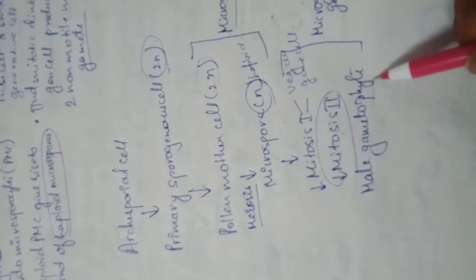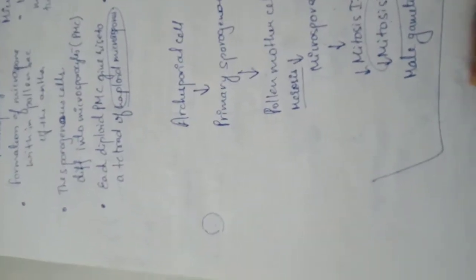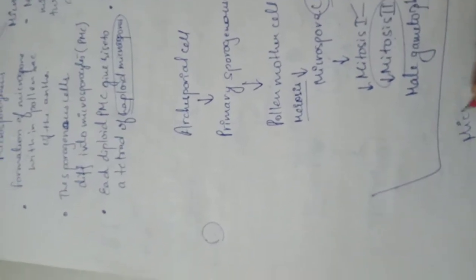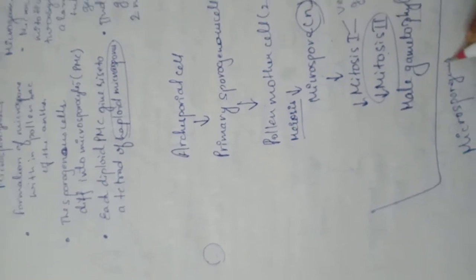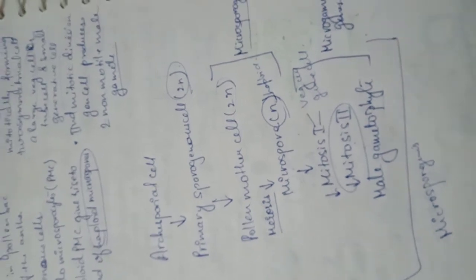Formation of the male gametophyte, and this process is known as microgametogenesis, and this whole sequence is known as microsporogenesis. This is the whole concept of microsporogenesis.